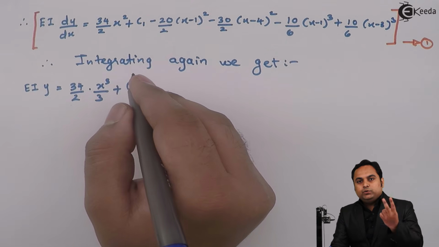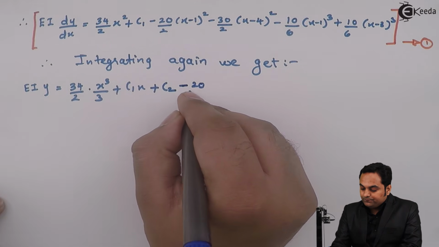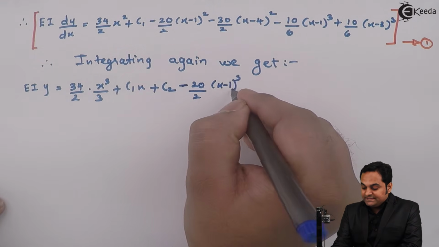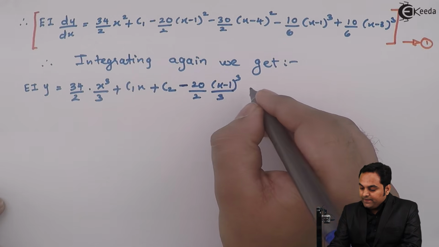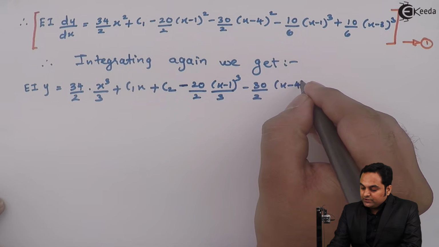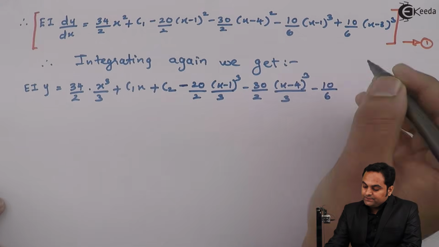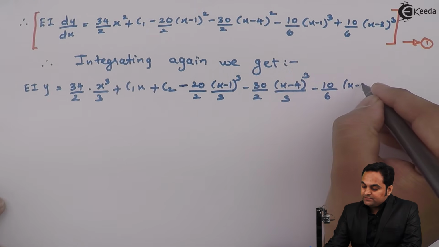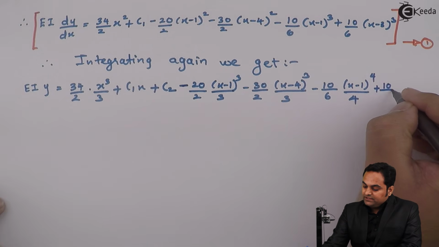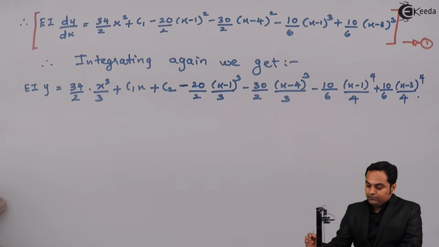Since I am integrating it twice, so another constant which is c2, minus 20 by 2, this is x minus 1 square, so integration is x minus 1 whole cube divided by 3 minus 30 by 2 x minus 4 square, so x minus 4 cube divided by 3 minus 10 by 6 x minus 1 whole cube, so that is x minus 1 raised to the power 4 divided by 4 plus 10 by 6 x minus 3 raised to the power 4 divided by 4.